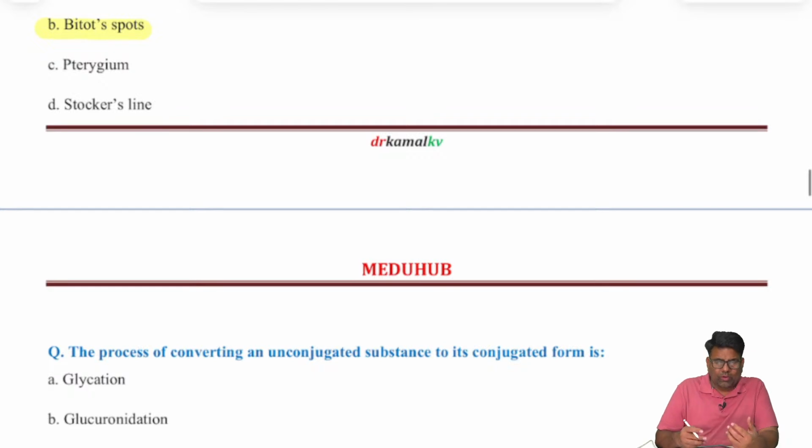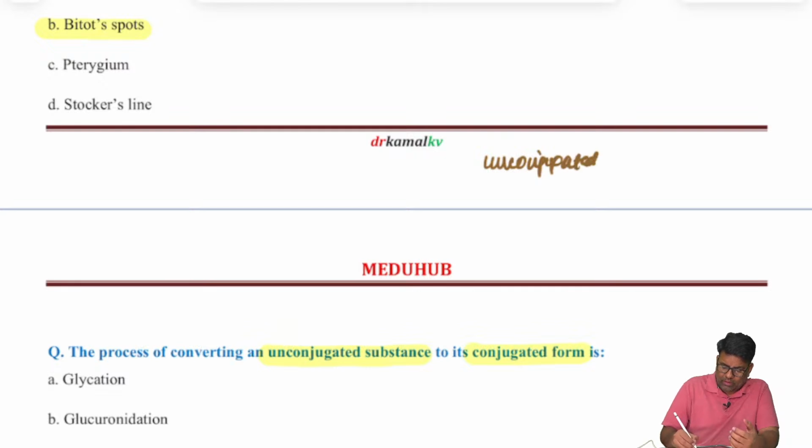Then there was one question about a reaction where an unconjugated substance is converted into conjugated form. The very common substance which we discuss is actually bilirubin.